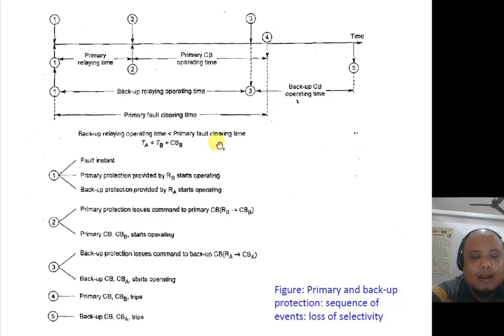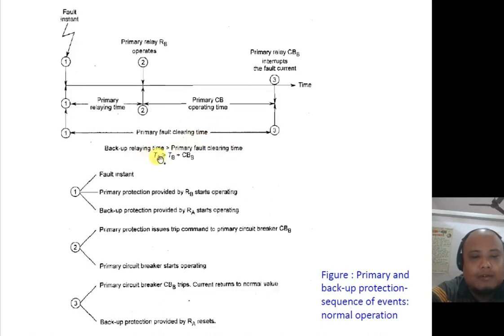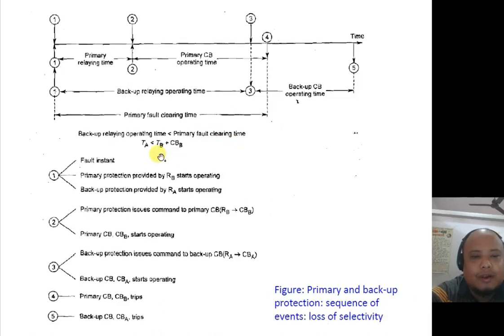But if there is no proper coordination, when the relay operating time of the backup relay is less than the primary fault clearing time, then what will happen? In previous case it was greater, that's why it was satisfactory. Now what happens if that is not the case?